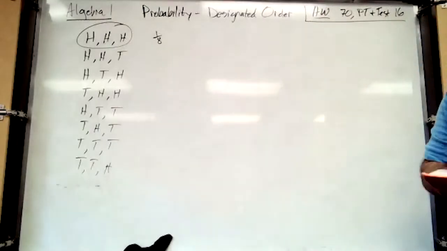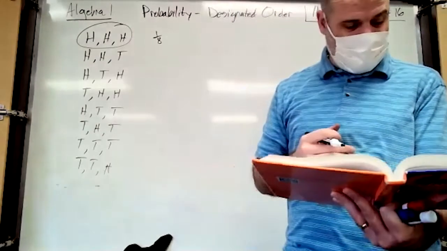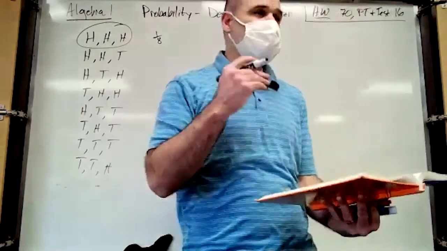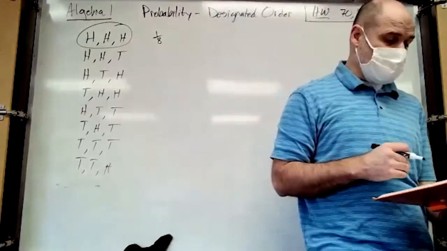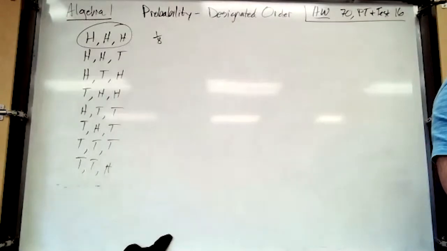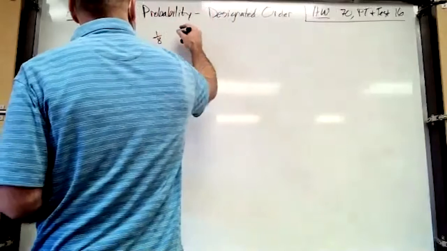All right. So when we define the probability of a particular event, it's the number of outcomes that we're looking for over the total number of outcomes. We've talked about probability, haven't we? Have we yet this year? No? Okay. So let's just back up here.